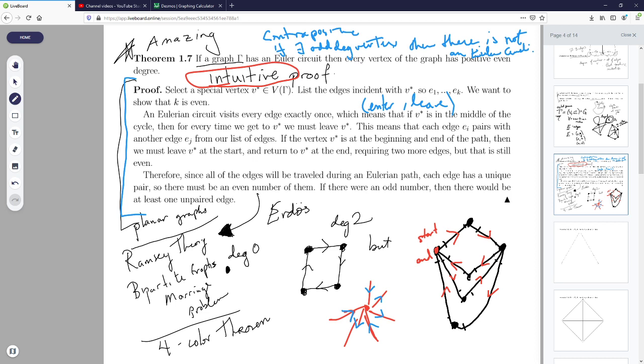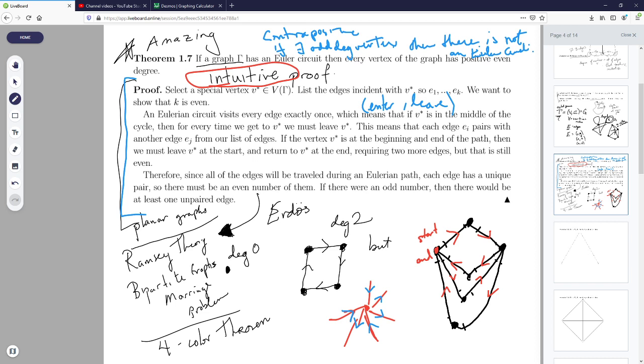If a graph has an Euler circuit, then every vertex has positive even degree. So what's the negation of having positive even degree? That there exists some odd degree vertex, and if there's an odd degree vertex, then there's not an Euler circuit. So that's essentially the contrapositive there.